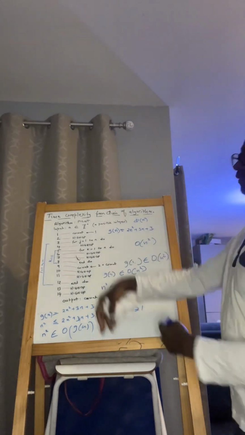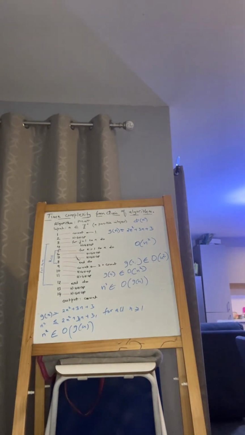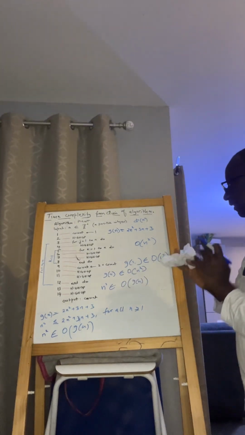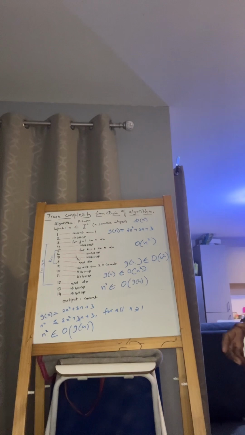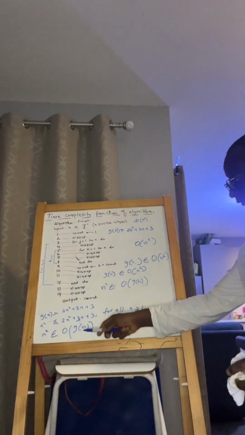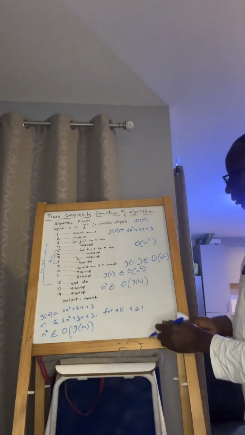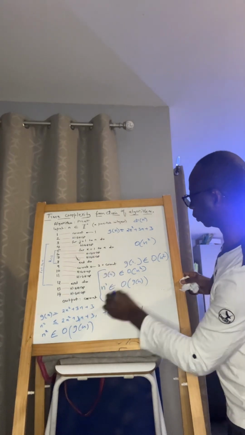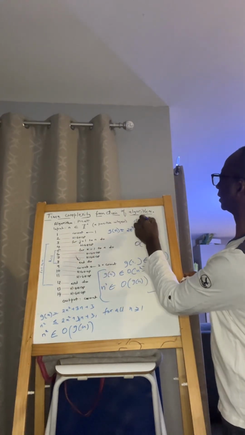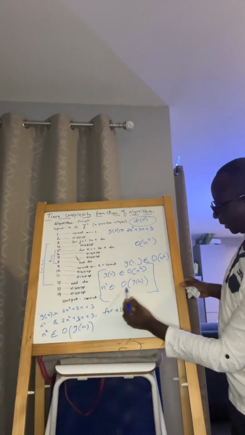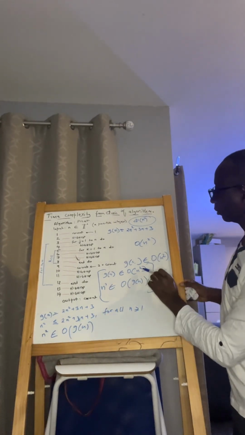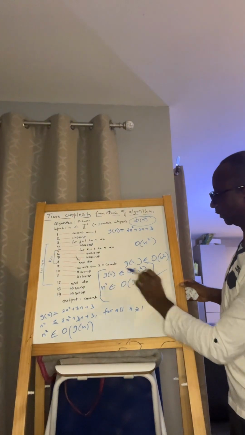Now we're going to prove the reverse or the opposite. If that holds, then this program is in theta n squared. We've proven the first one. Now these two must hold for this to hold. This one is done already. We now have to prove this, which is just the reverse of this.